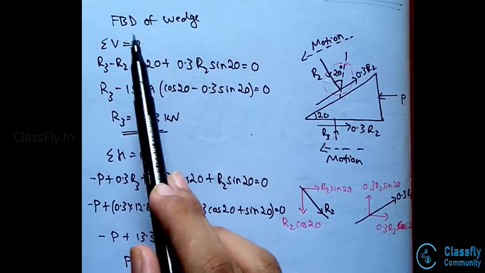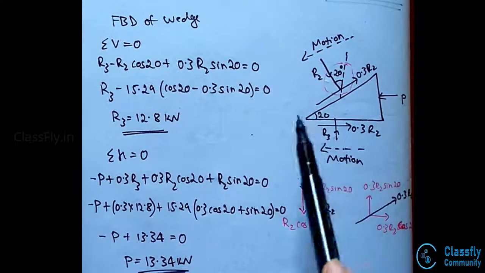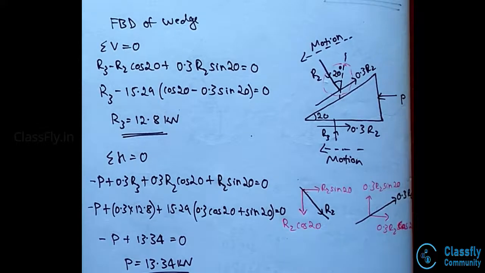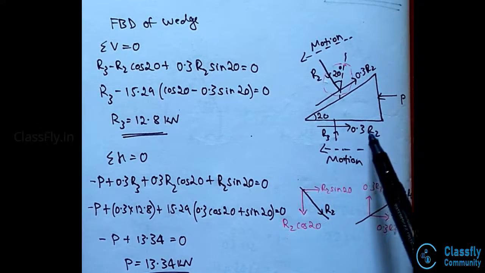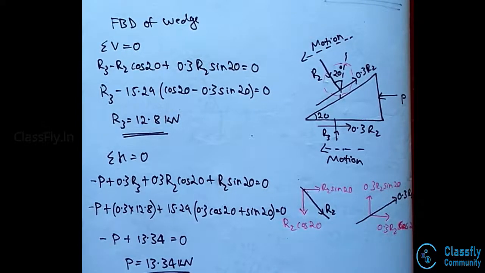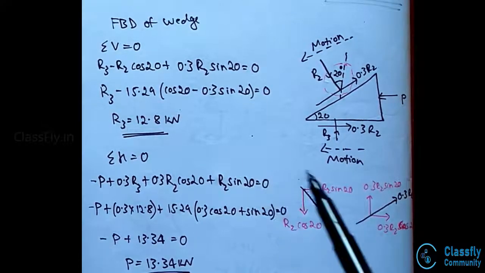Now, consider the free body diagram of the wedge. Well, the wedge will also have a friction as it moves along the horizontal due to the applied force P. Hence, there will be a frictional force of mu R that is 0.3 R2 set up in the direction opposite to its motion. Also, a normal reaction R3 will also be set up.